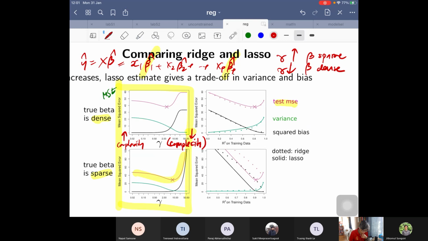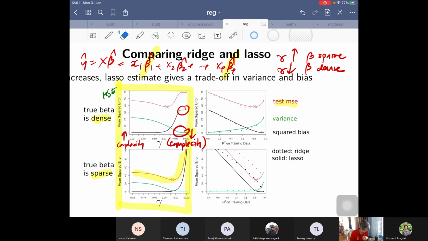So when gamma is big, your model is simple, less complex. That's why variance is smaller. But on the other hand, a drawback is that the bias is bigger.